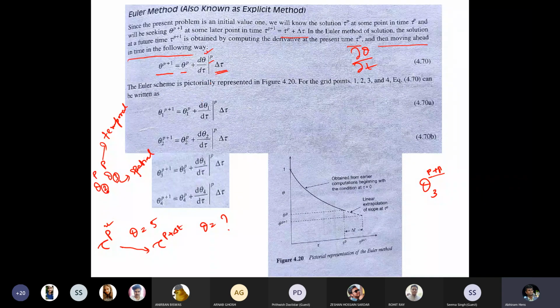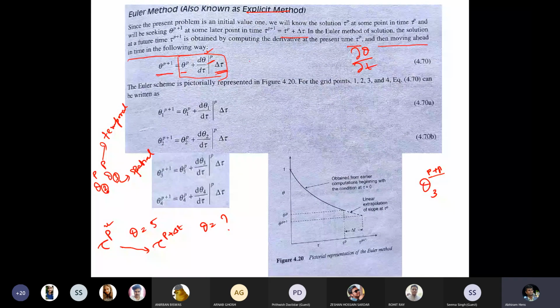So, here we are assuming in the Euler method or explicit method that theta p plus 1 will be calculated based on the derivative at the pth point. So you see that your p plus 1 term is explicitly expressed with the values of p. Here all the p's are here. Okay. So, this is why this is called the explicit method.